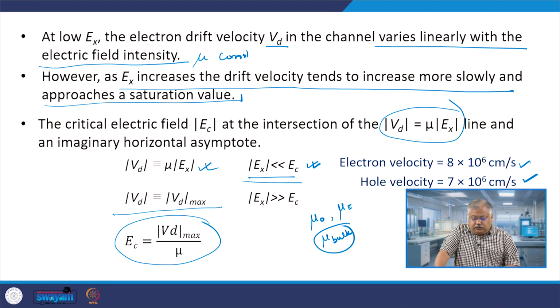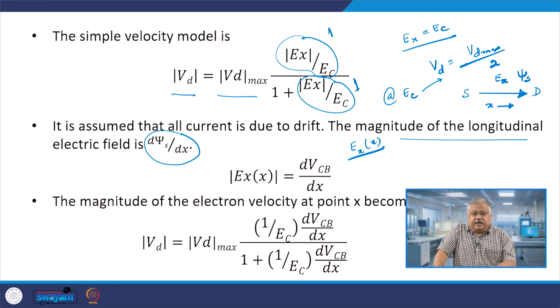And that is the reason, if you see carefully, Ex is written actually as a function of Ec. Therefore, at any point x we can write my Vd to be equal to Vd max times 1 by Ec into dVcb dx.